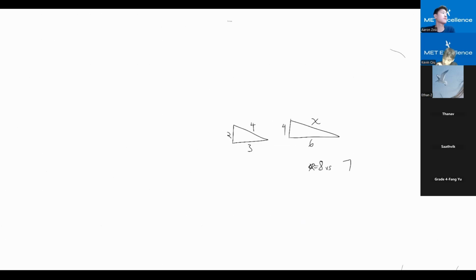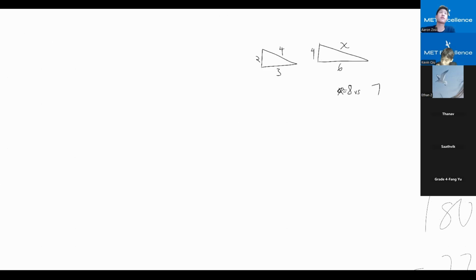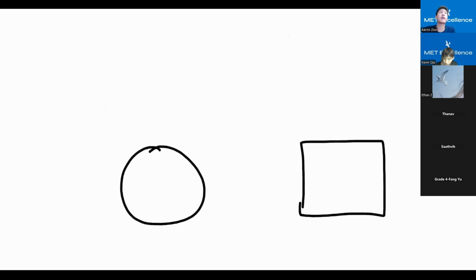All right. Another thing I want to go over is that let's say UMTM says a circle and a square have the same perimeter. Quantity A is the area of the circle. Quantity B is the area of the square.